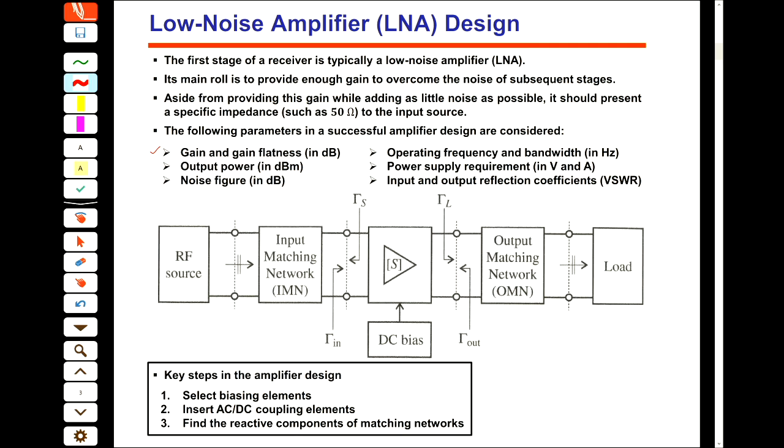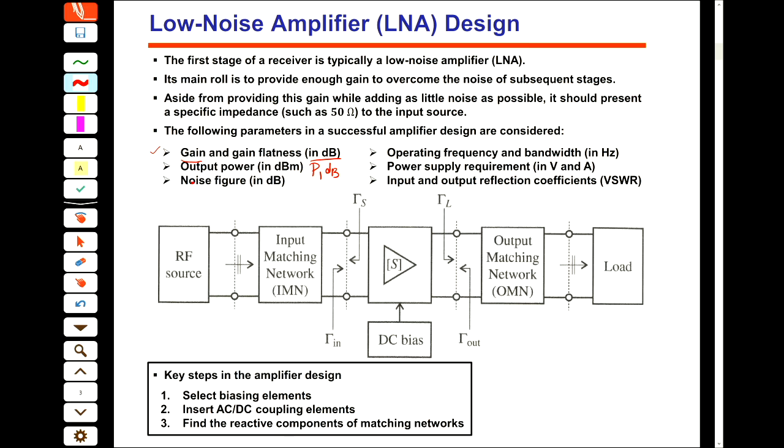So flatness is definitely one criterion we are interested in, and also the gain itself. Then how much power it can tolerate, I mean the output power it can deliver before it gets saturated, which we call P1 dB, before the other harmonics come up or power is reflected back.